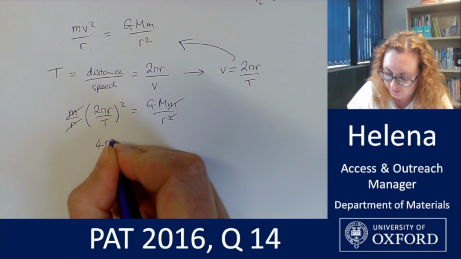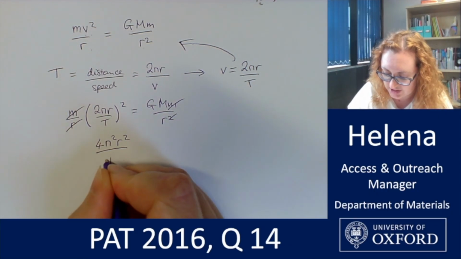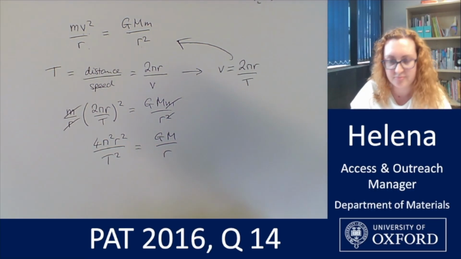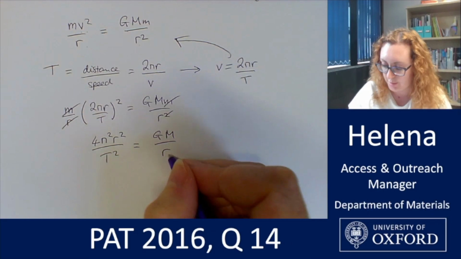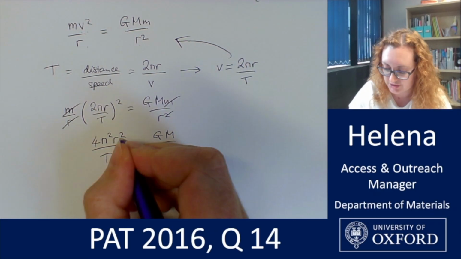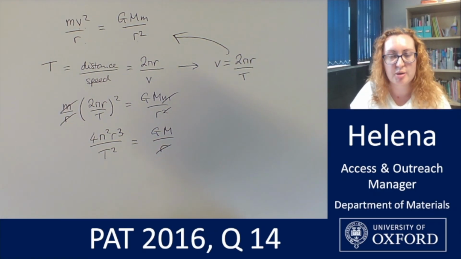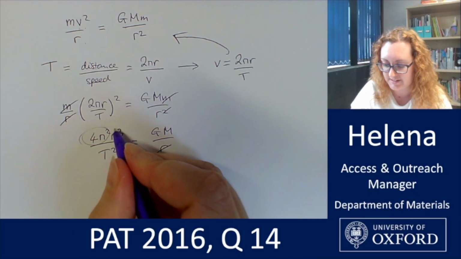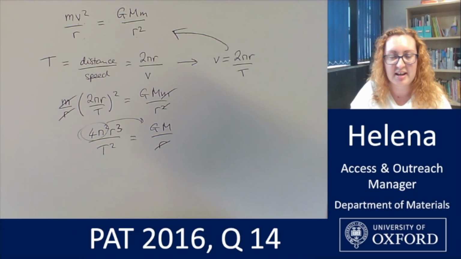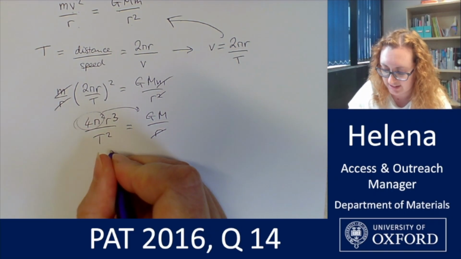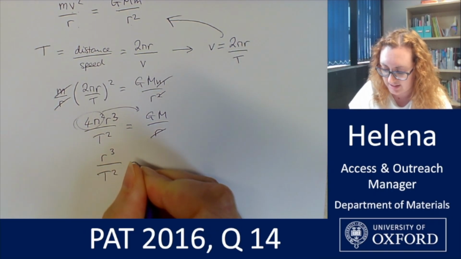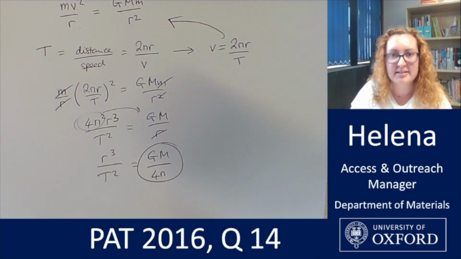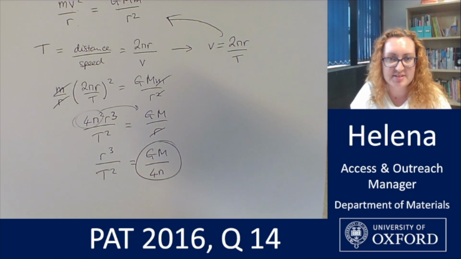So here we now have 4 pi squared r squared over T squared is equal to GM over r. Okay, I'm now going to move this r over the top to give us an r cubed, and also take this constant over to this side. So we're left with r cubed over T squared is equal to GM over 4 pi squared. Now this is a constant for whatever system we're looking at.